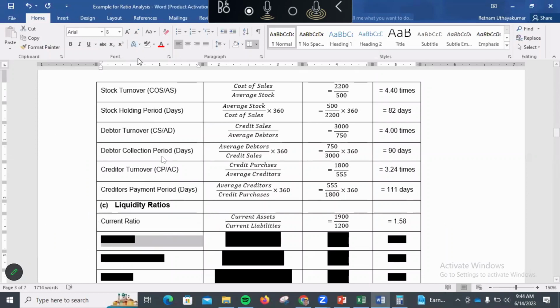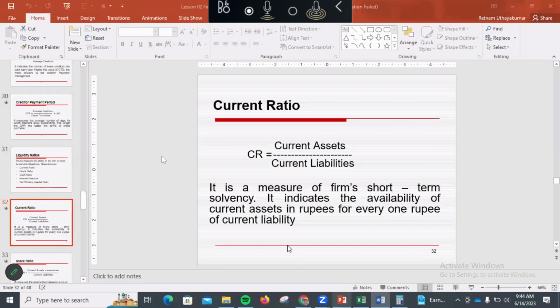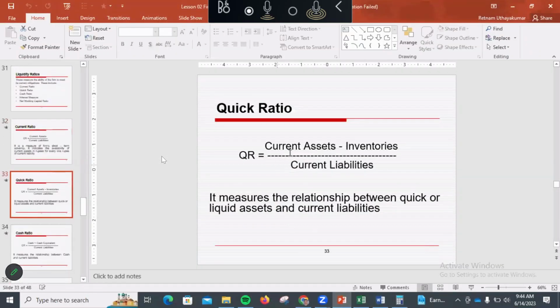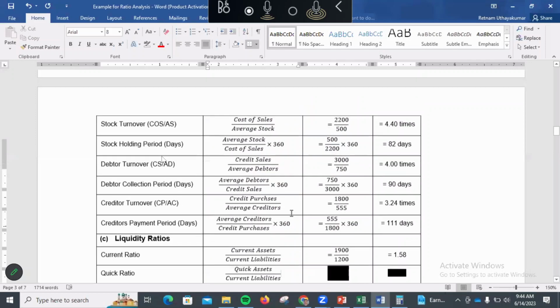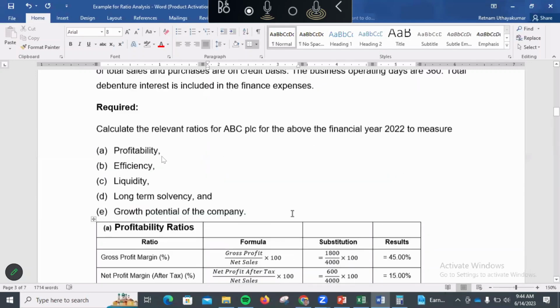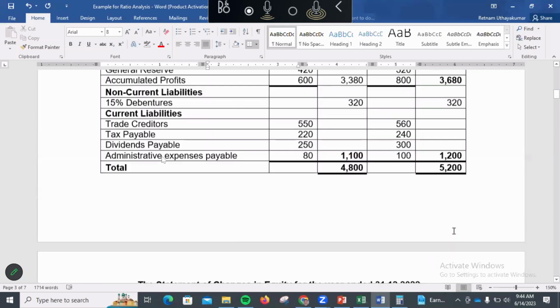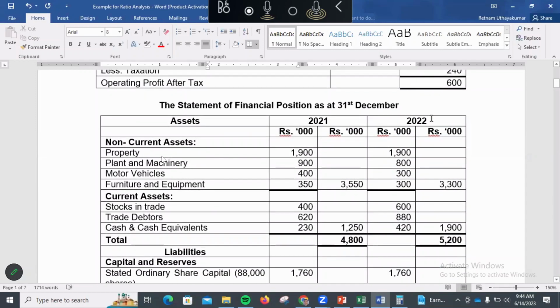So next ratio, you want to take down quick ratio. So what is quick ratio? Current assets minus inventories, or quick assets, over current liabilities. So you can define it under the formula column, quick assets over current liabilities. So how can you find out the quick assets? The current assets total 1900 for the year 2022.